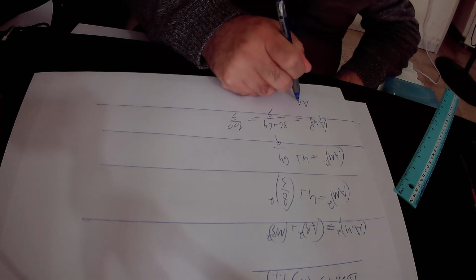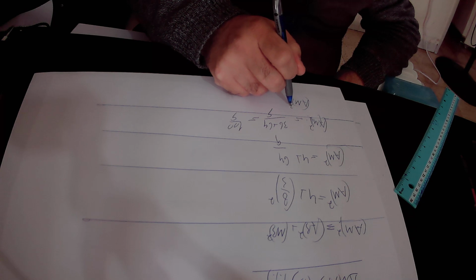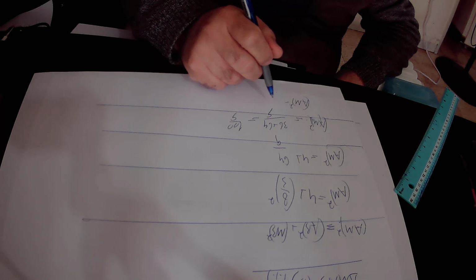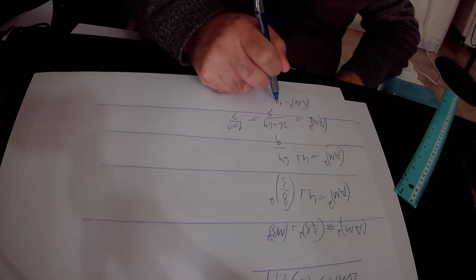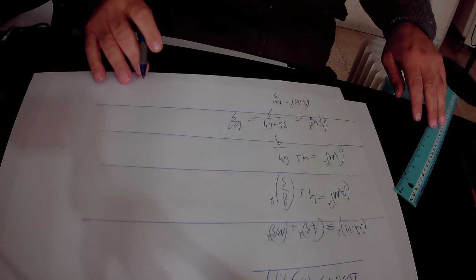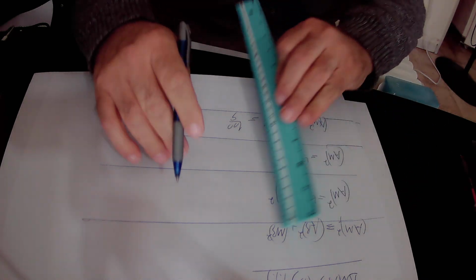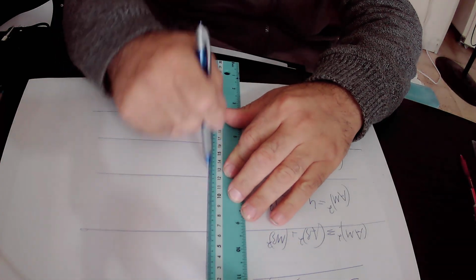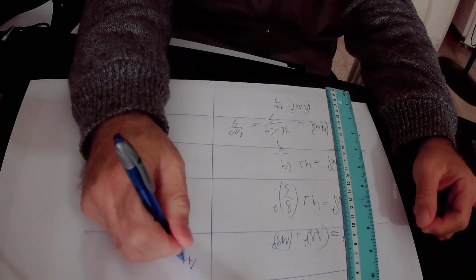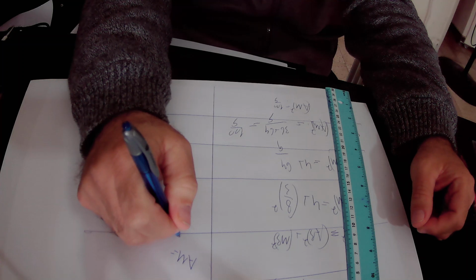So AM squared equals 100 over 9. We take a root out of this equation and finally we get that AM equals the square root of 100 over 9.